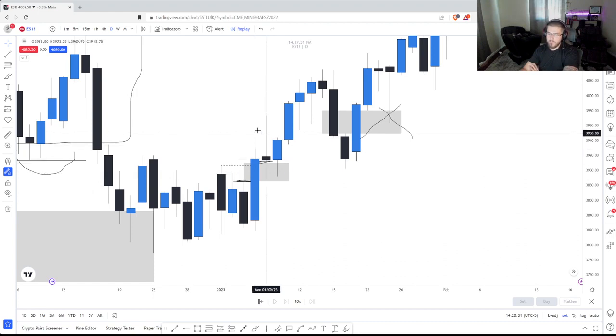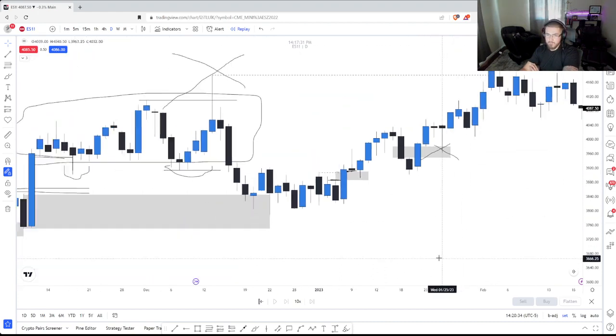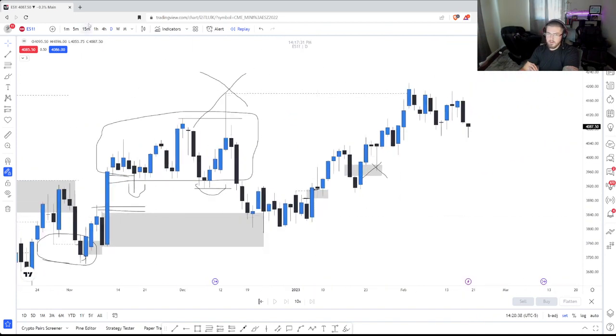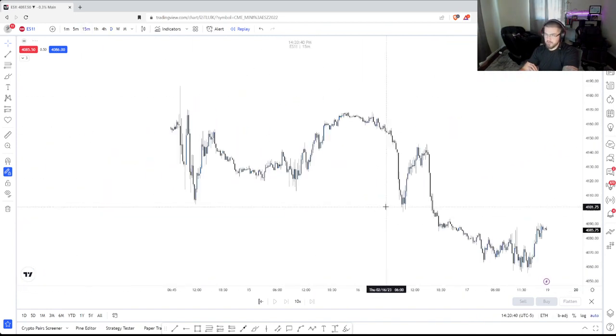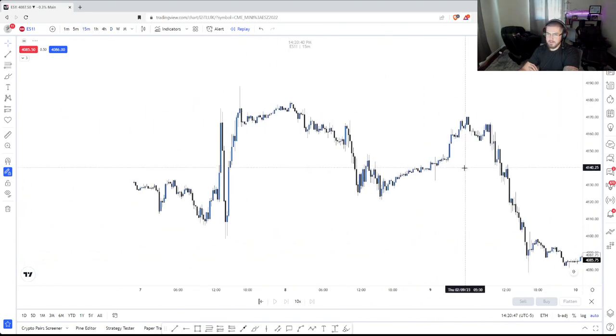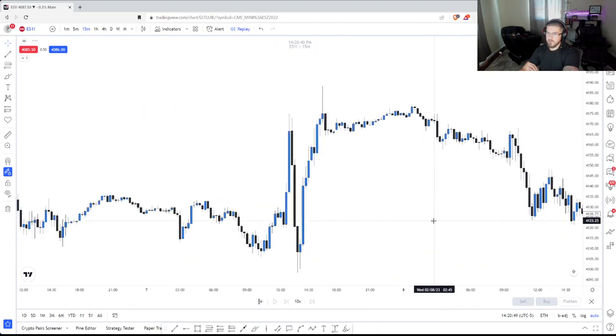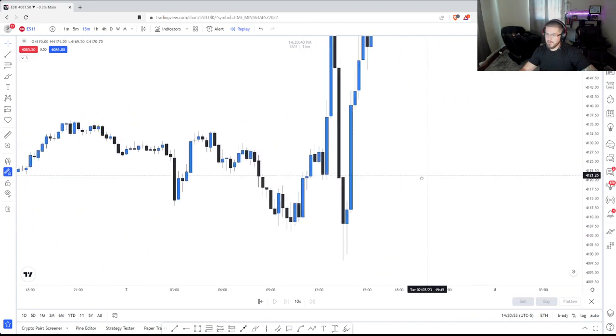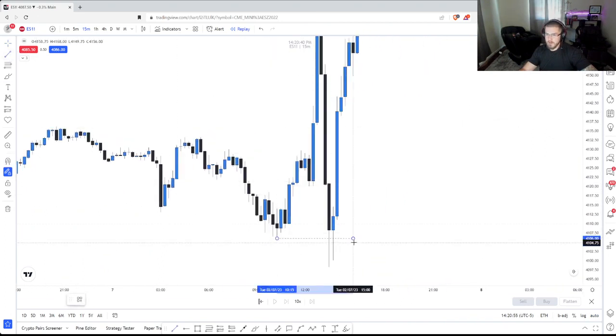So what we want to use fair value gaps with for the most part is identifying displacement. So if we're looking at the market from a sense of trying to find the true direction of the market, let's just look at some examples over here. So for instance, let's say the market does something like this and we leave fair value gaps.